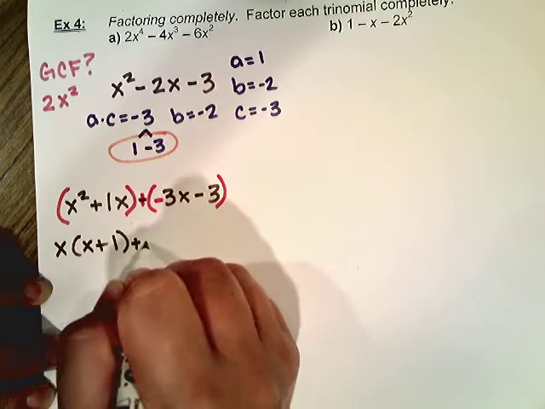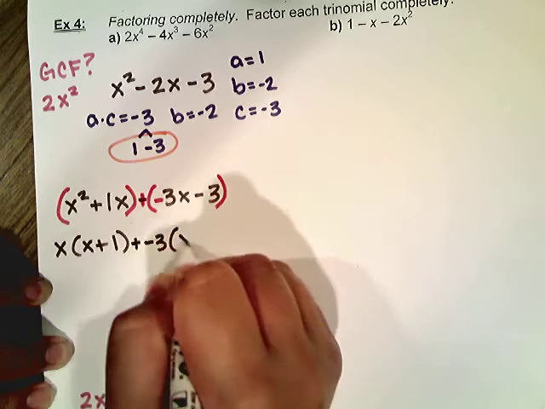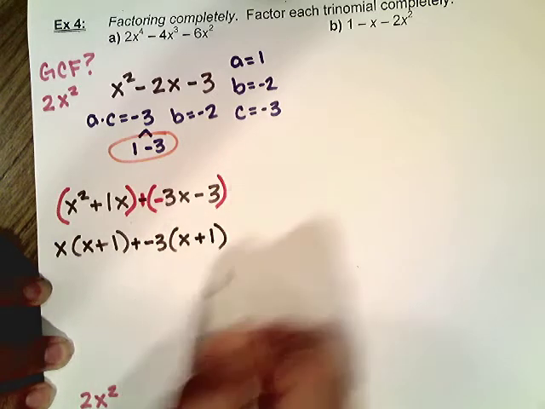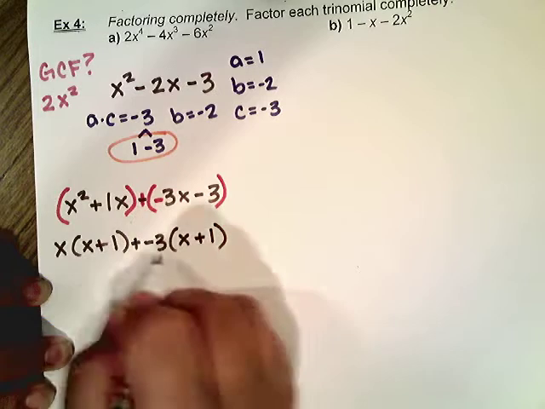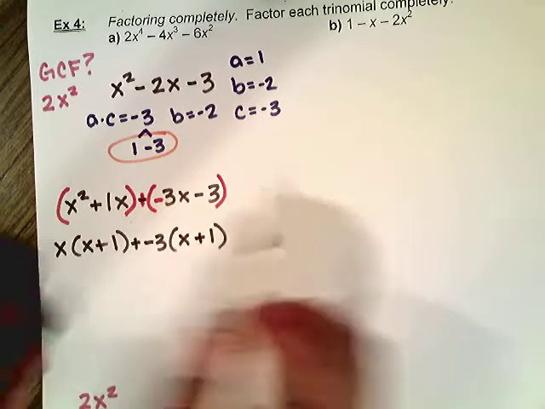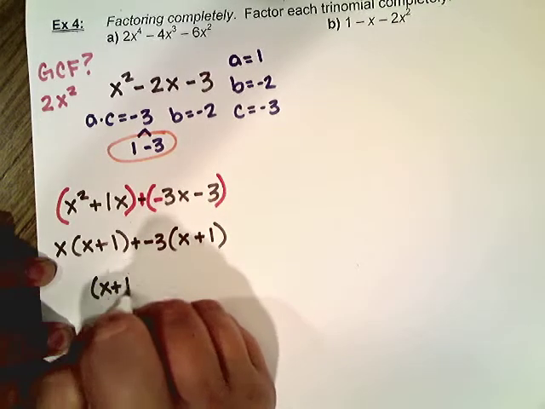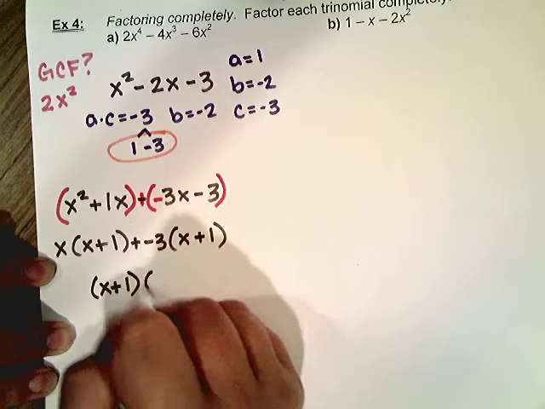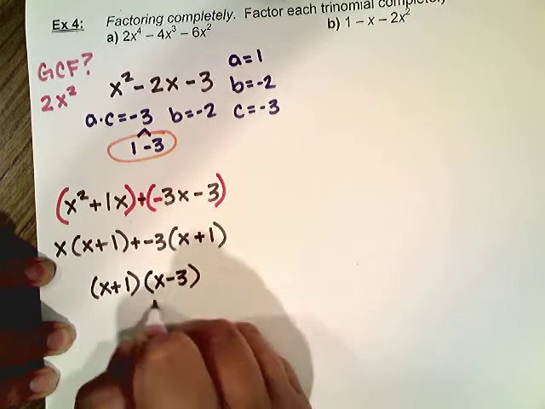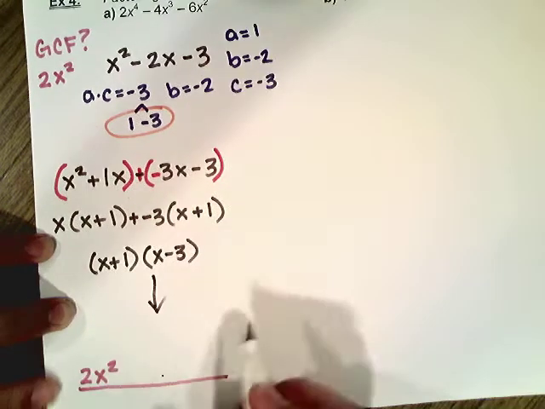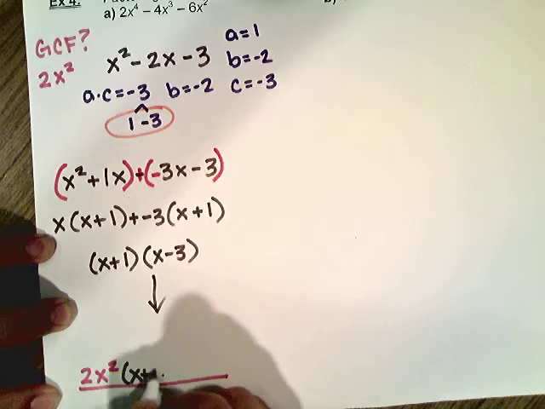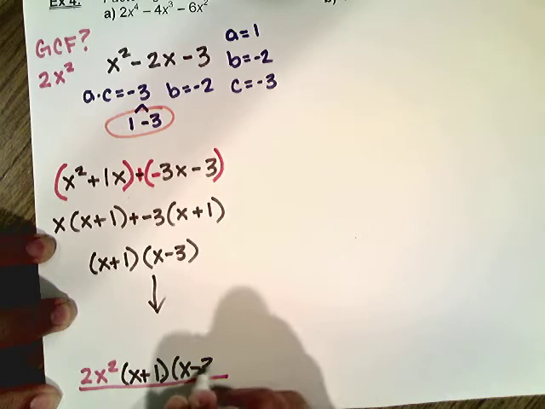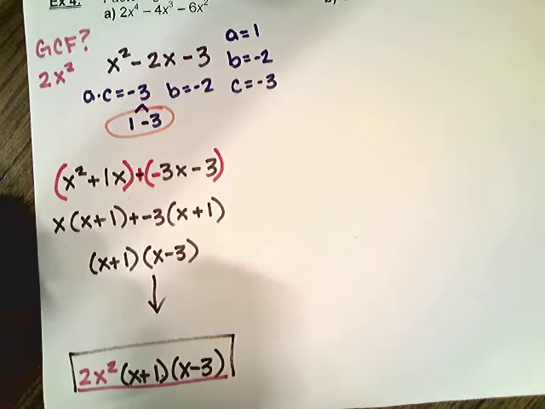The GCF of our second group is -3, and again we're left with x plus 1. The GCF of these two terms, right, it's all about the GCF, is x plus 1 times x minus 3, which we're finally going to put on our factor line here: x plus 1 and x minus 3.